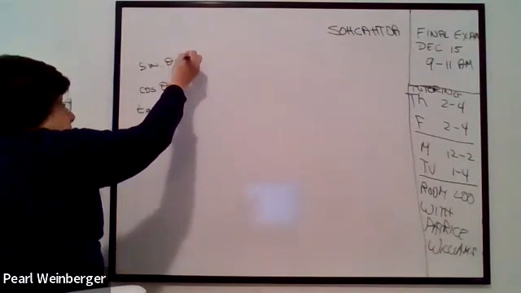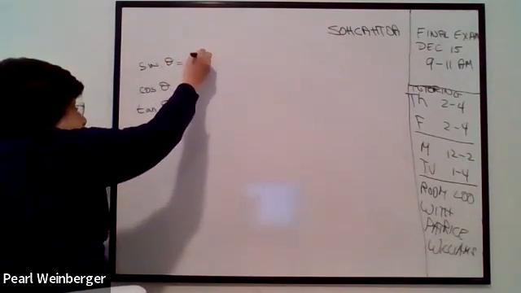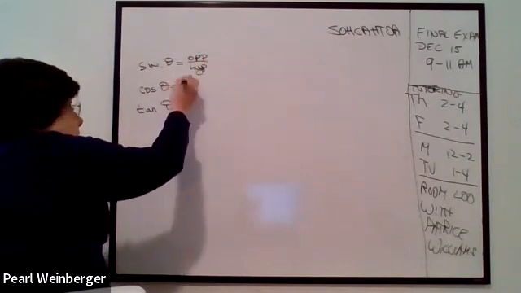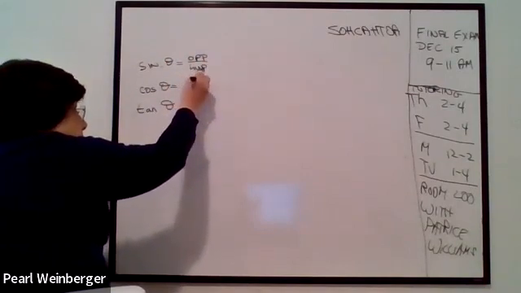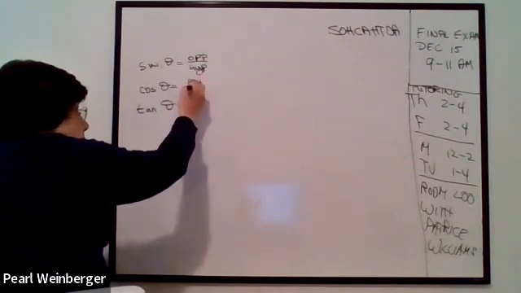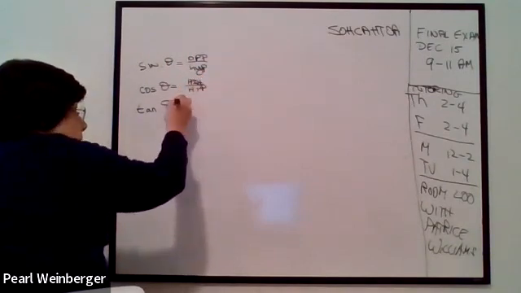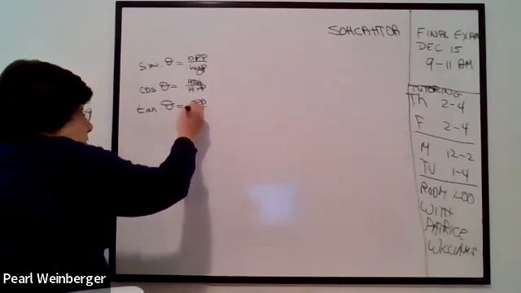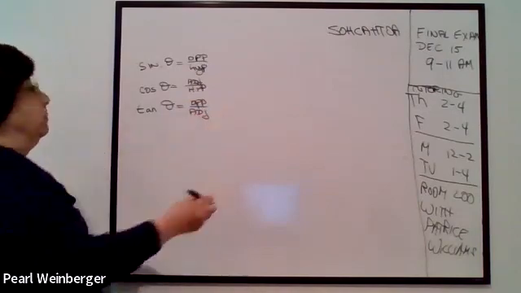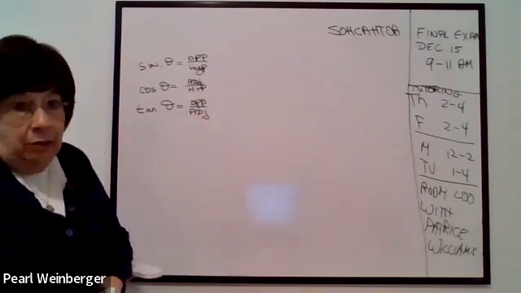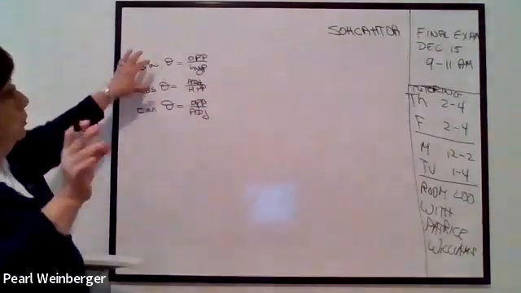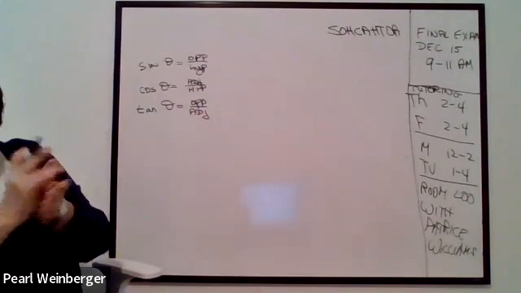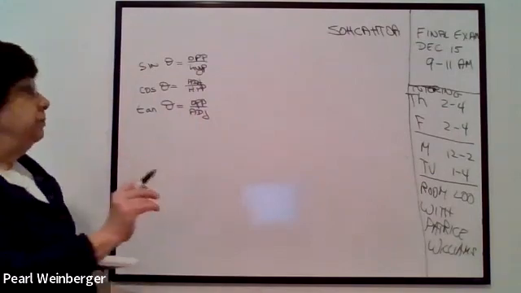From SOHCAHTOA, we know that the sine is opposite over hypotenuse. I'm just using abbreviations. The cosine is the adjacent over the hypotenuse. And the tangent is the opposite over the adjacent. We explained what we mean by opposite, adjacent, hypotenuse when we look at our right triangle. That's why we always have to know what angle we're talking about so we can label our sides opposite, adjacent, hypotenuse.